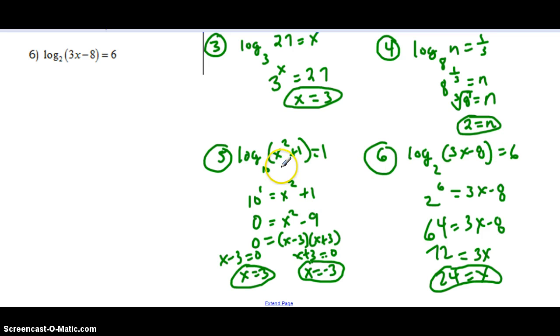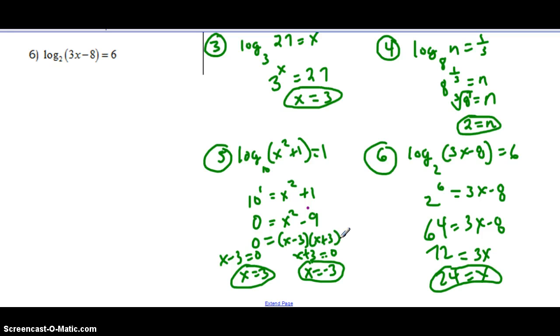For number 5, you'd start just by converting to exponential, and we have 10 to the first power is equal to x squared plus 1. And then to solve a quadratic, we have to move everything to one side and set equal to 0. So subtracting 10 would leave us with x squared minus 9, which we can factor to x minus 3 and x plus 3.